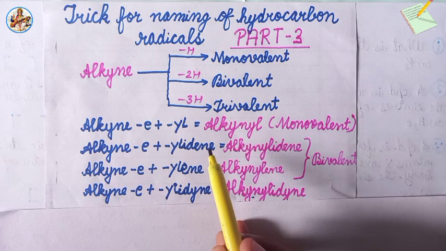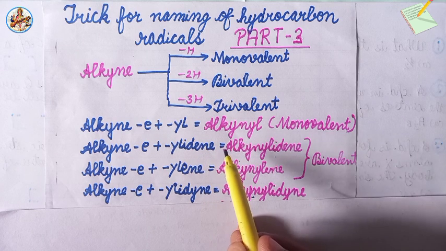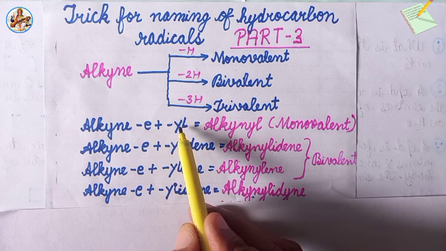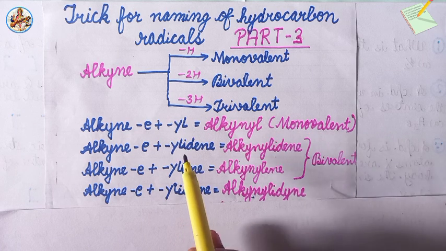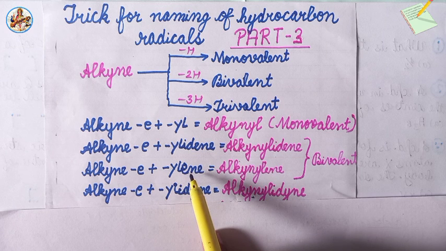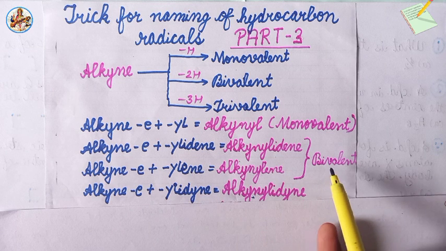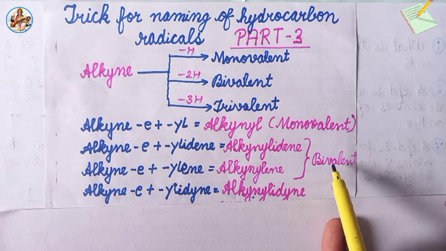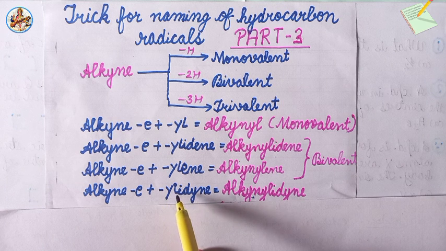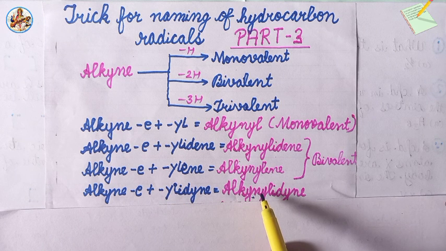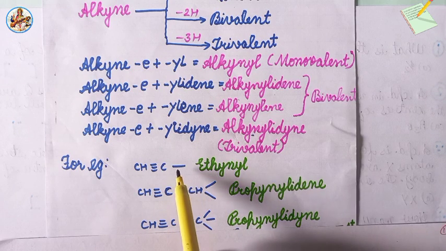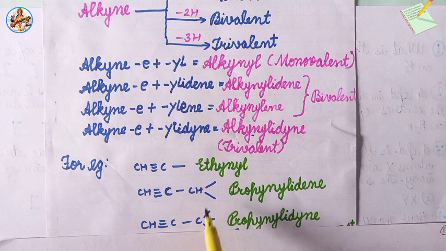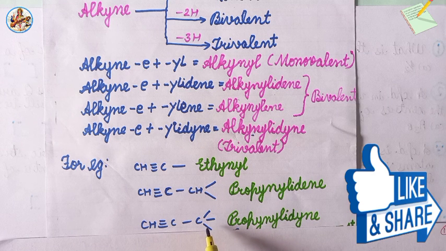Similar to alkanes and alkenes, the yl suffix is used for monovalent radicals. The ylidene or ylene suffix is used for bivalent radicals, and the ylidyne suffix is used for trivalent radicals. For example, it is monovalent, it is bivalent and it is trivalent.